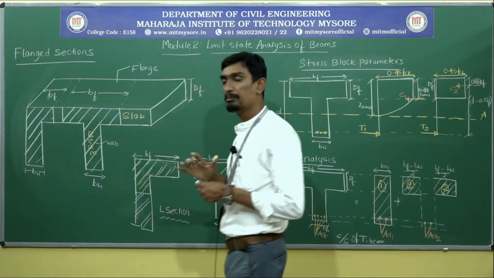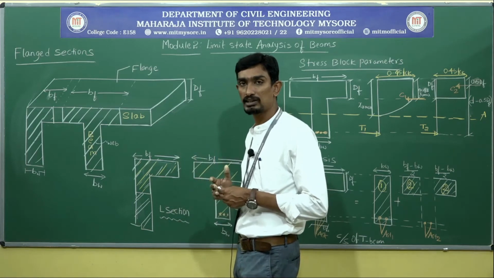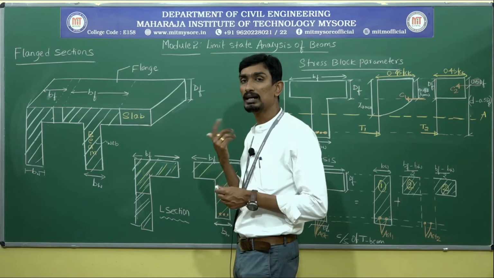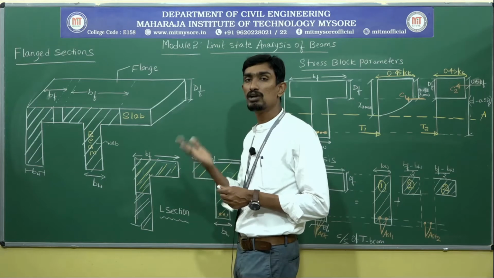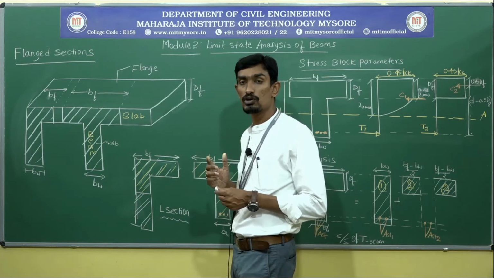You have come across this type of section in your engineering mechanics class. There you only calculated the neutral axis. But in this case, apart from the neutral axis, we are also going to deal with the analysis, that is, the moment of resistance you are going to calculate.